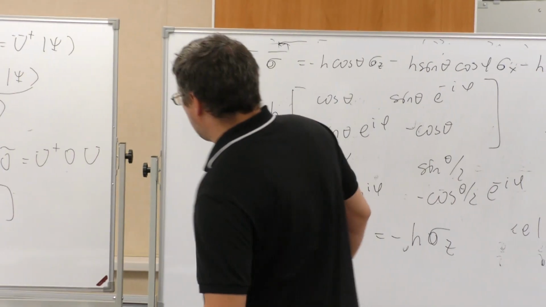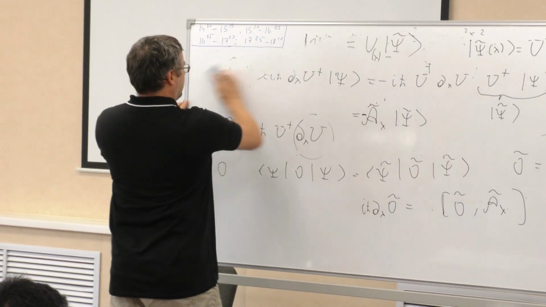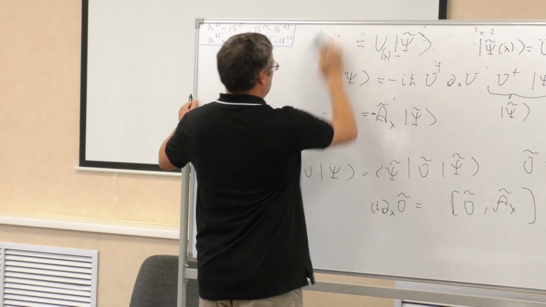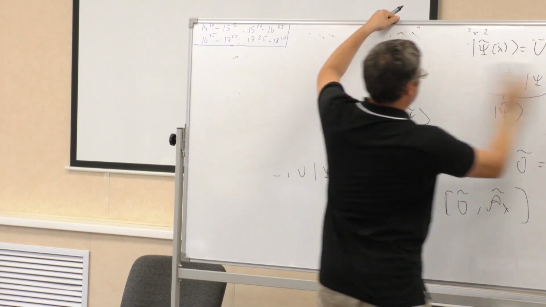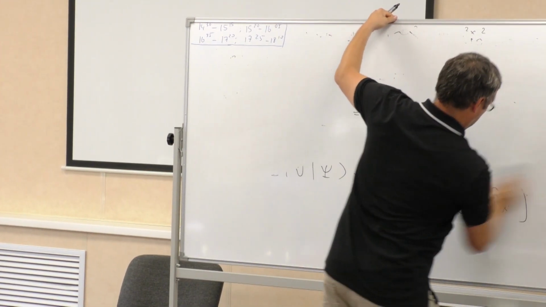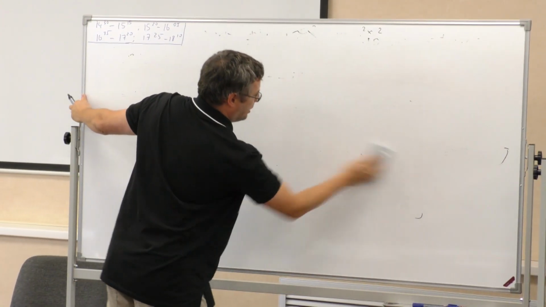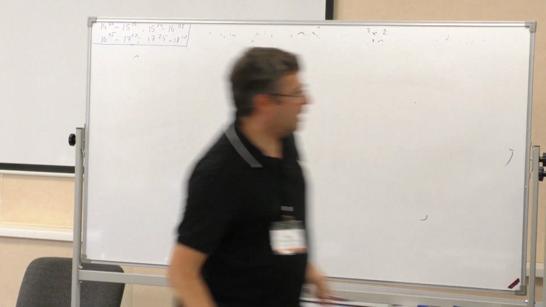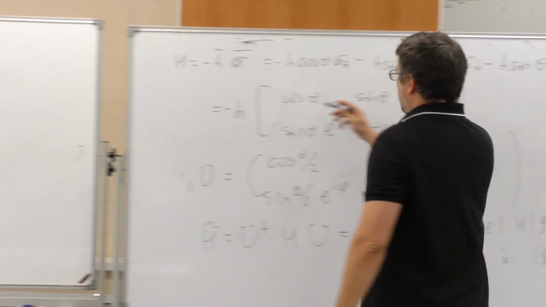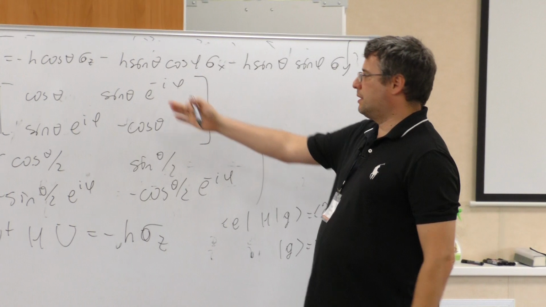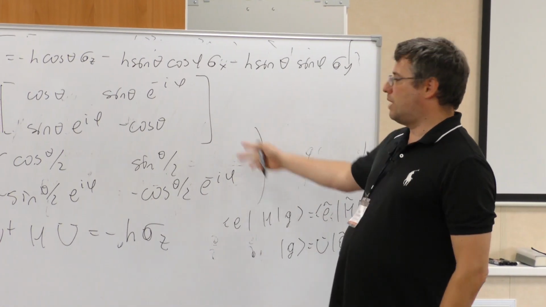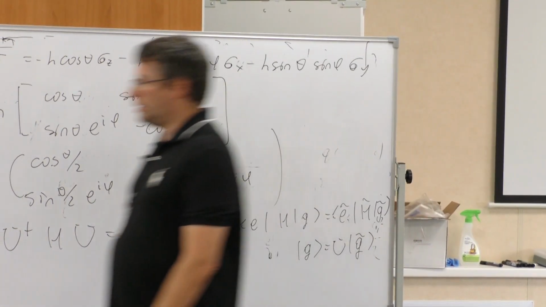OK, so now I can be more specific and see what the equations of motion are for my eigenstates. Now I have a parameter lambda, which is theta in this case, and eigenstates which also depend on theta.